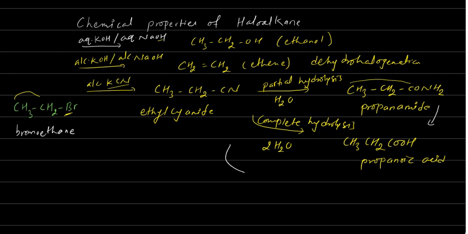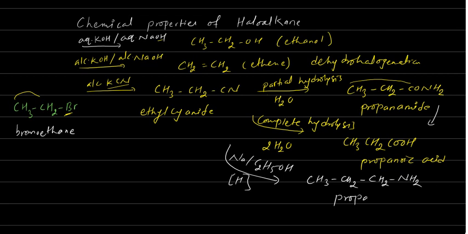And again, if you reduce ethyl cyanide in presence of sodium and ethyl alcohol, it reduces to amine. The amine is CH3CH2CH2NH2. This is the 1 degree amine, and you can say propanamine. This is propanamine.